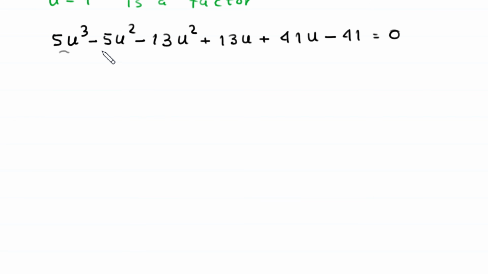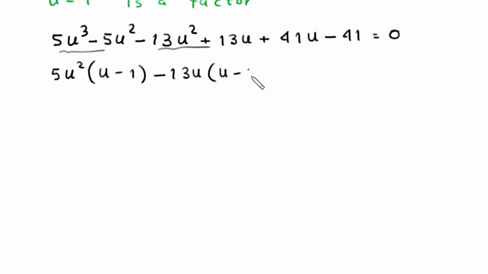From these two terms we can factor out 5u squared, and in bracket left u minus 1. From these two terms we can factor out negative 13u, in bracket left u minus 1. And from these two terms we can factor out plus 41, in bracket left u minus 1 equal to 0.